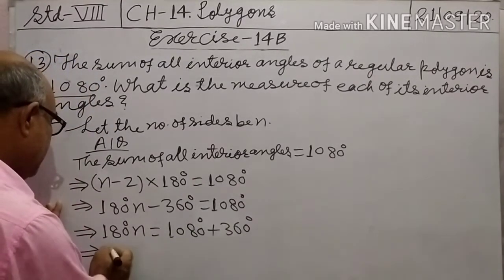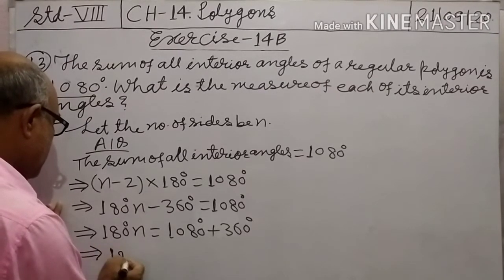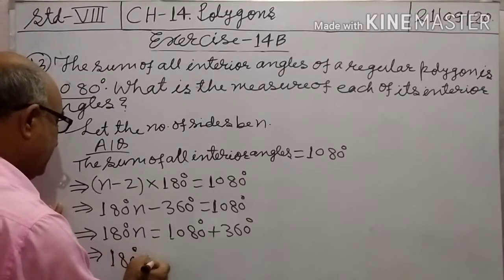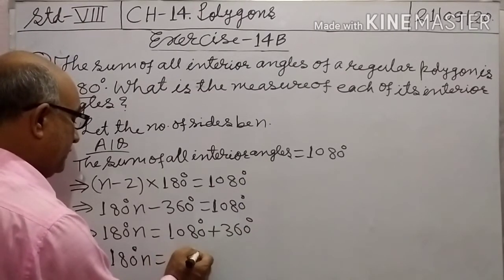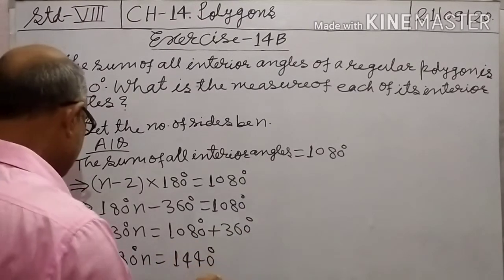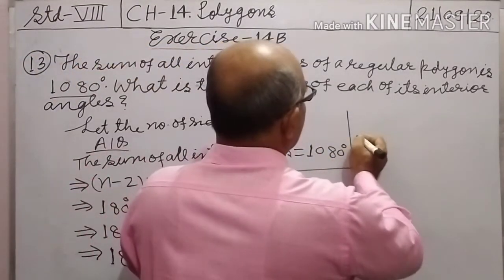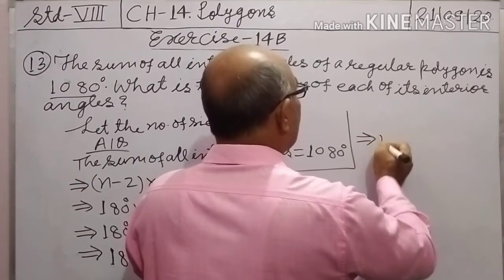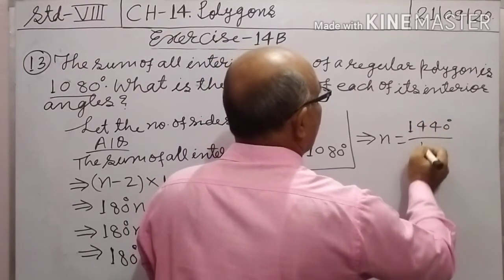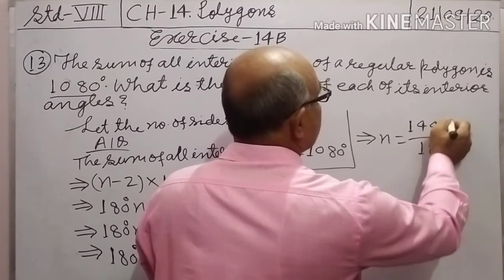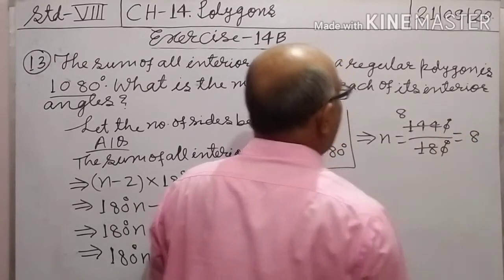That implies 180 degree n equal to 1080 degree plus 360 degree equal to 1440 degree. Now change it. That implies n equal to 1440 degree by 180 degree. 0 to 0 cancel. 18 times 8 is 144, so number of sides n is 8.